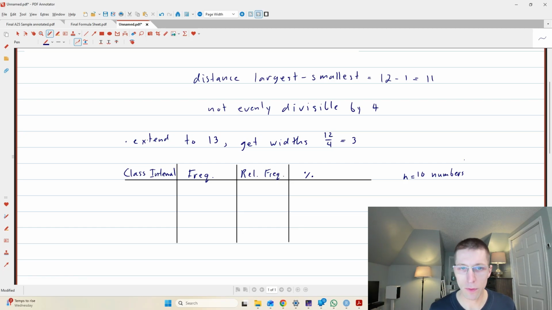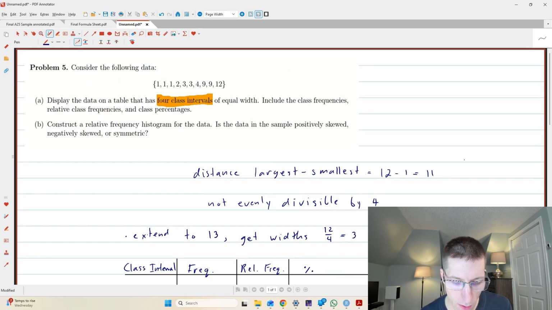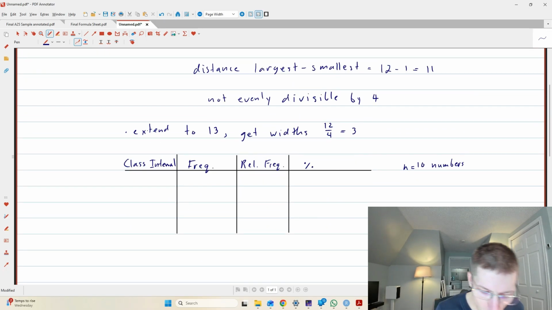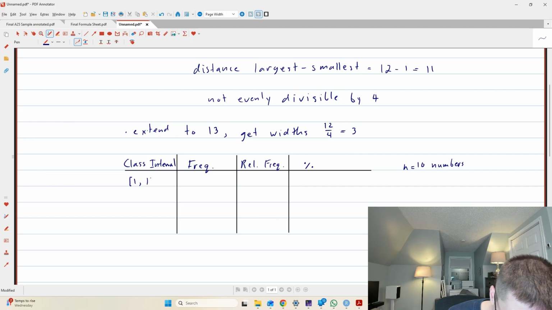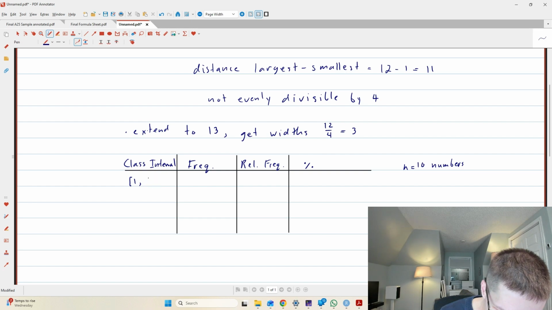So the class intervals, like I said, we're going to go from the smallest one. We'll start at 1 and then extend up to 13. So this is a key point here. I'm using what are called half open intervals. Sorry, 1 to 4, because it has a width of 3.